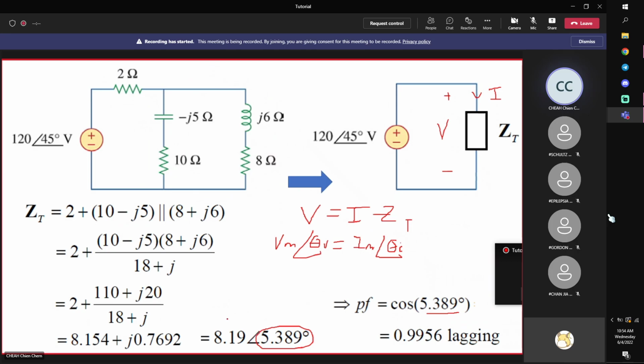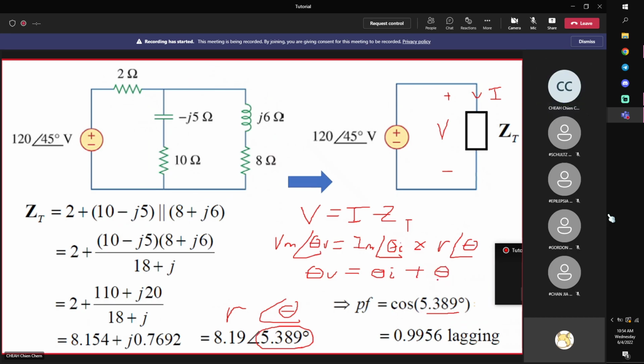angle theta I, and your impedance is also represented in phasor form, R at angle theta. When you multiply them together, what you have is that theta V will be equal to theta I plus theta.